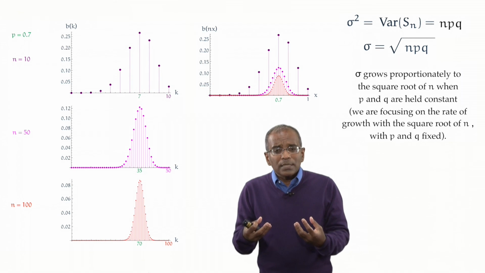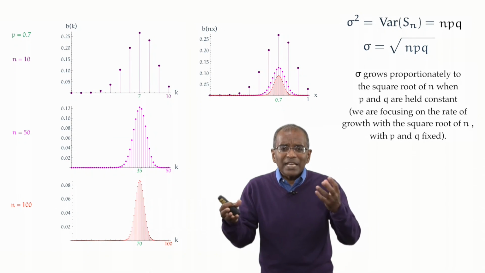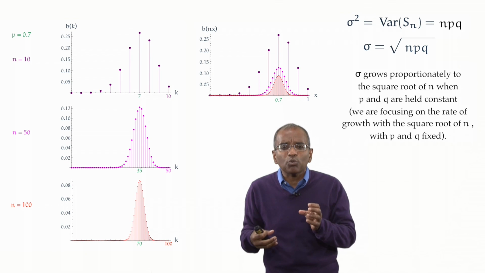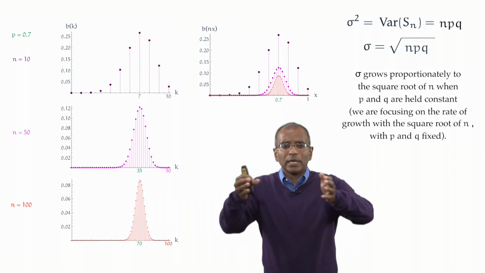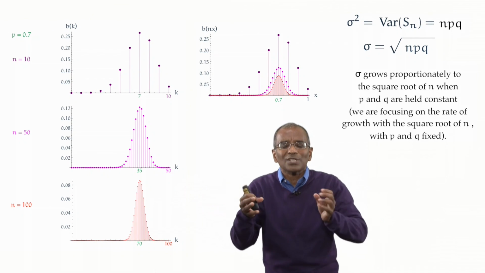In other words, if n is 10, then the spread is around square root of n, around plus or minus 2 or 3 around the center. In other words, you start at 7 and you look at plus or minus 2 around 7, and you get most of the mass of the distribution.